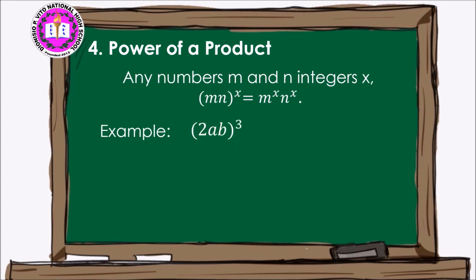For example, 2ab raised to 3 is equal to 2 raised to 3, a raised to 3, and b raised to 3. 2 raised to 3 is equal to 8, a raised to 3 is equal to a cubed, and b raised to 3 is equal to b cubed. Therefore, our answer is 8a cubed b cubed.